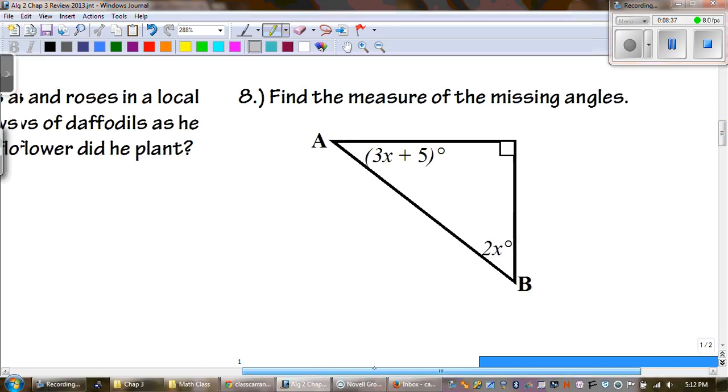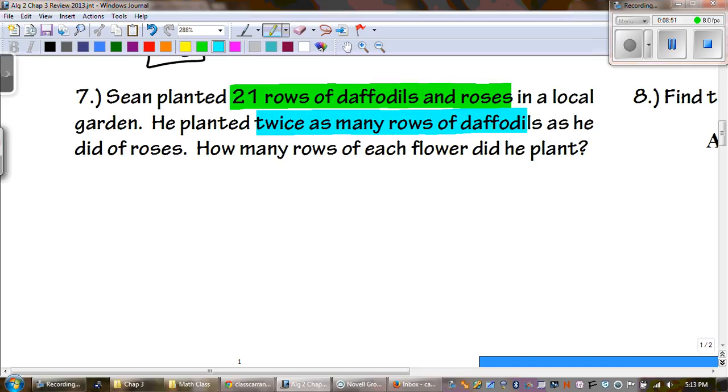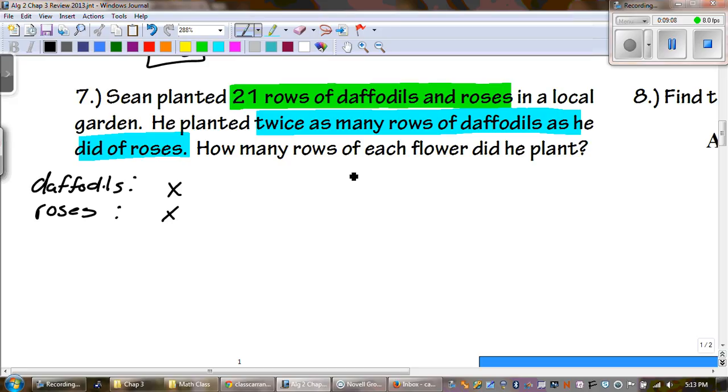Number 7. Sean planted 21 rows of daffodils and roses in the local garden. He planted twice as many rows of daffodils as he did roses. How many of each one did he plant? So we have daffodils and roses. Now, we know that they're both x, but which one did he plant twice as many?